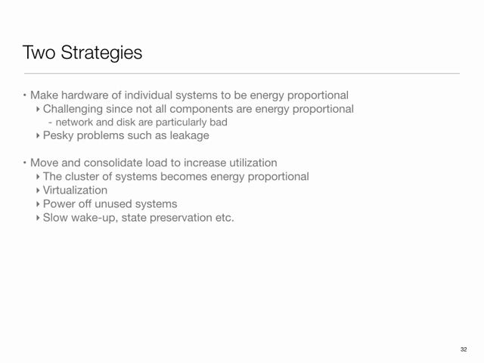So the way you make something energy proportional really is to rely on statistical multiplexing. What I mean by that is, while I cannot make a single server energy proportional, I can make a cluster of them energy proportional. So an entire data center can be energy proportional, while a single server might not be, because of all these issues that we discussed.